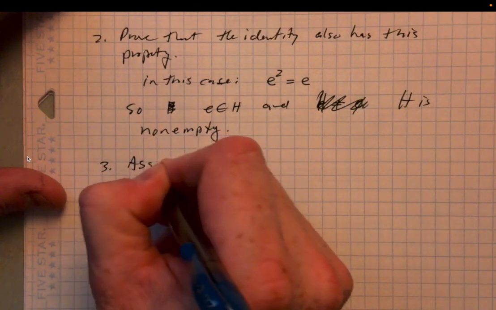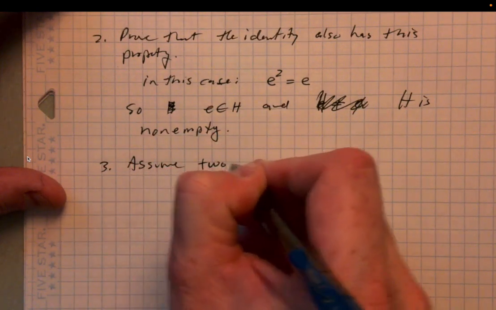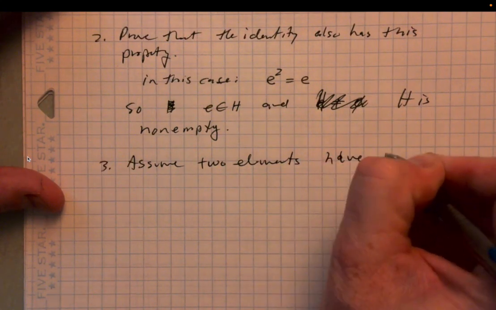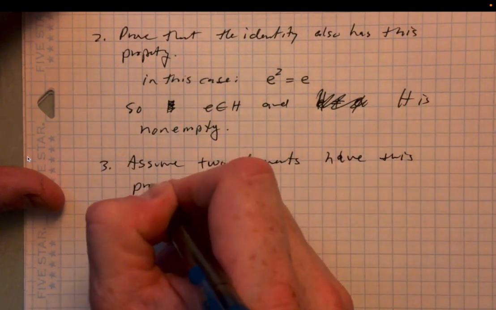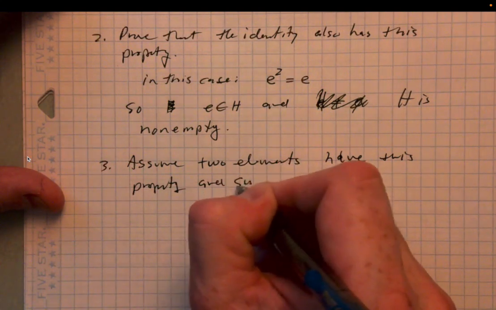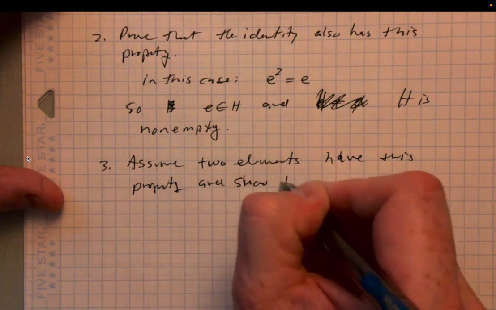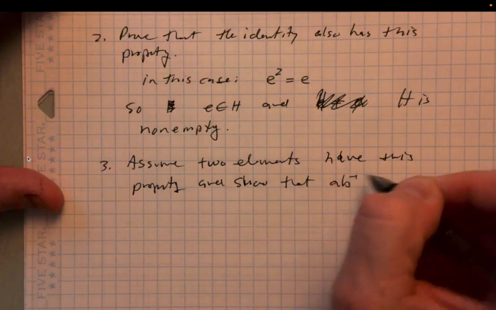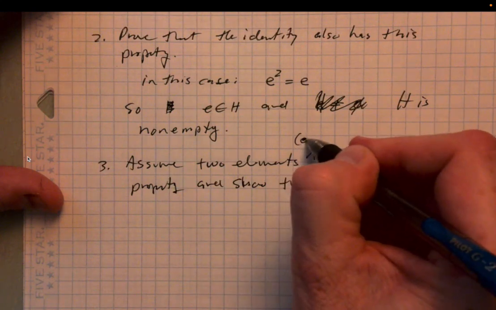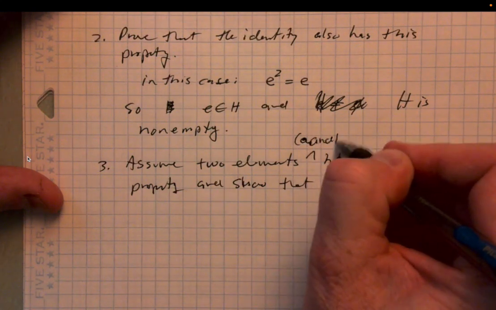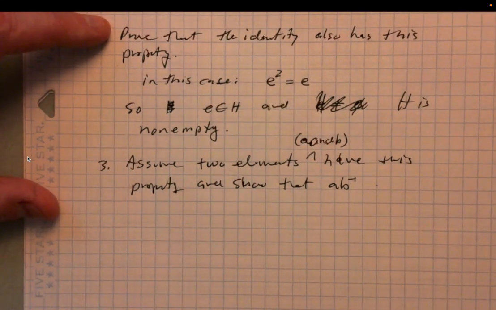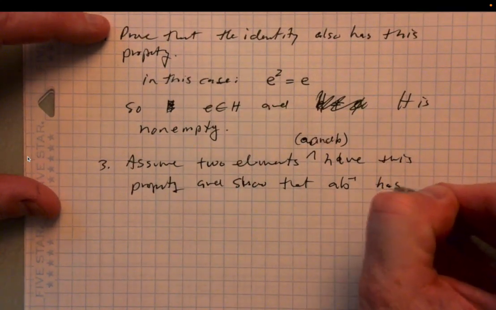Right, so assume two elements have this property, and show that AB inverse does as well. So when I say two elements, what do I mean? A and B. Assume two elements A and B have this property and show that AB inverse has the property as well.